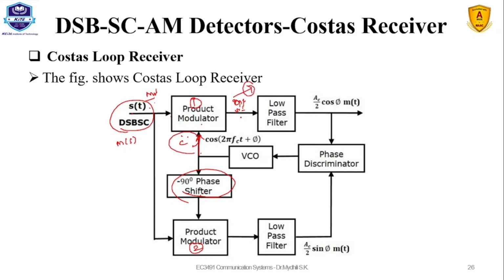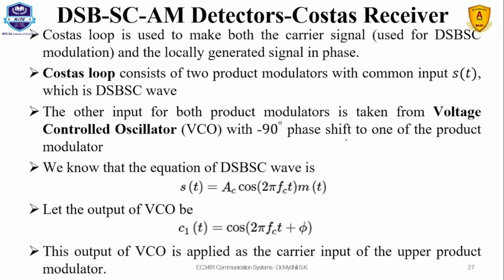Passing them through a low pass filter, we get two terms with respect to the message signal, and selecting only the wanted signal gives the actual demodulated output, which is the message signal.